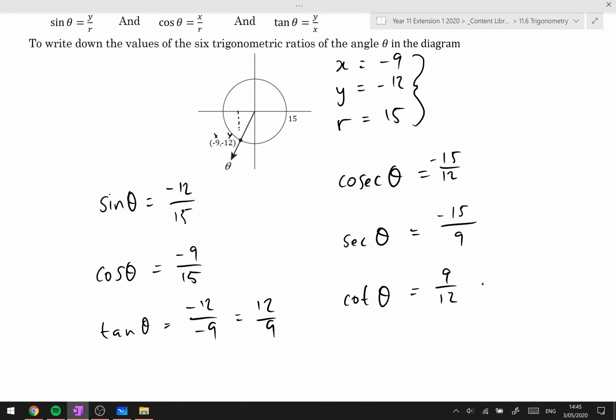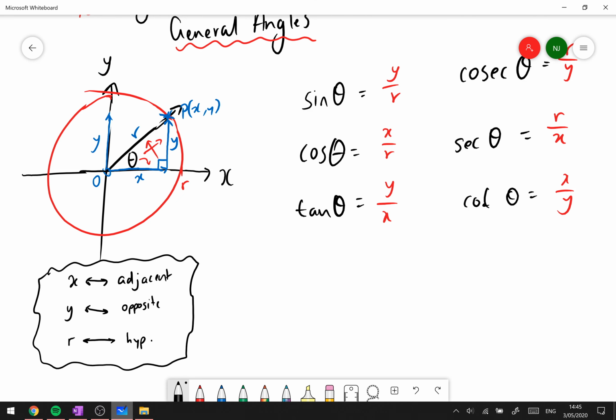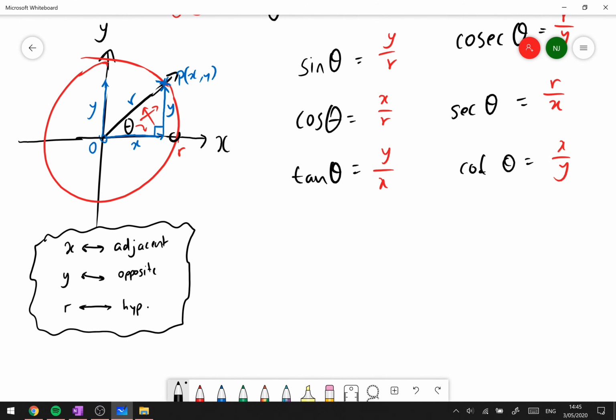Now, the other thing that we're going to talk about is the boundary angles. Now, boundary angles are special in the fact that they are these points on here. So we've got one at 0 degrees, one at 90 degrees, one at 180 degrees, one at 270 degrees, and every multiple of those.